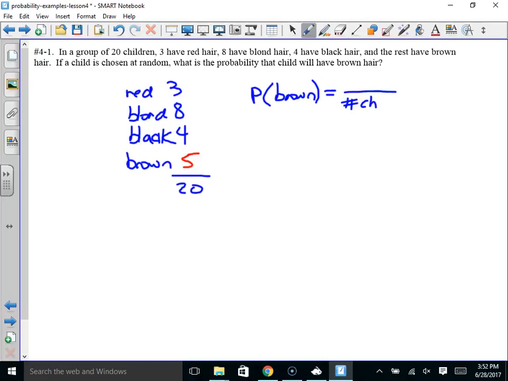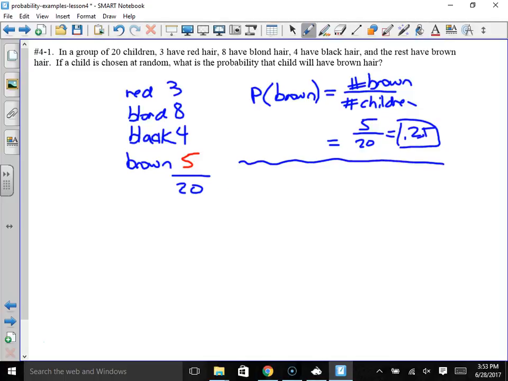So it's going to be 5 children out of the 20 children, which turns out to be 0.25.